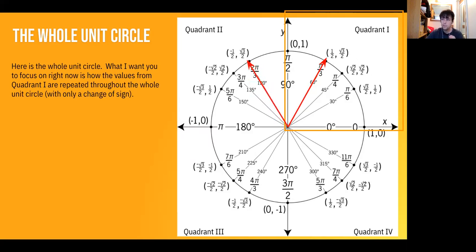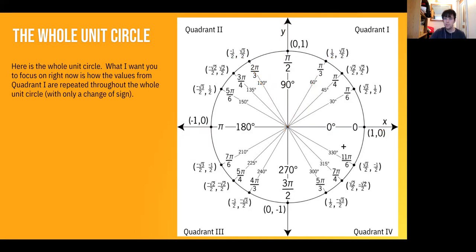Remember reference angles: we drop down to the x-axis, and the reference angle for this one is this one. It has the exact same sine and cosine values. The only thing that changes is that because we're in a different quadrant, some things might be negative or positive and differ by a sign. Because we're on the left side of the graph, our x-coordinate is negative, but otherwise it's the same.